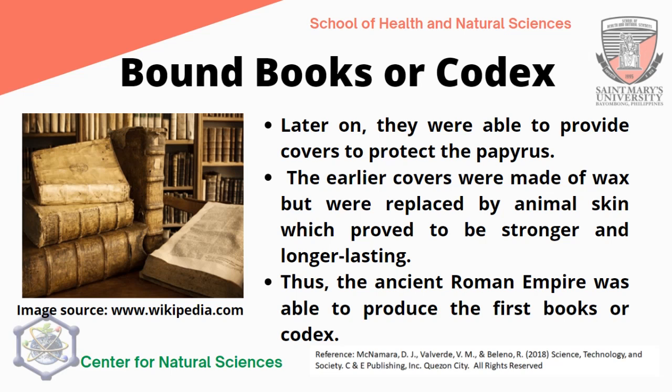The earlier covers were made of wax, but were replaced by animal skin, which proved to be stronger and longer lasting. So this time, they are now learning how to bind books and how to preserve the content of the paper. Thus, the ancient Roman Empire was able to produce the first books, called the Codex.